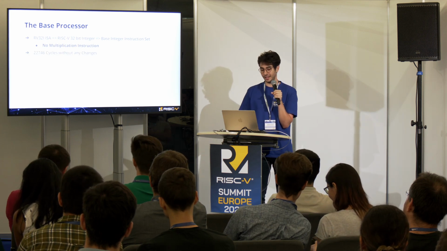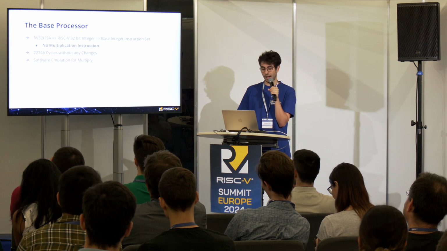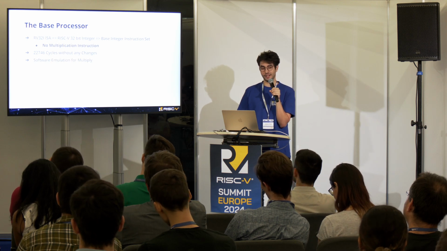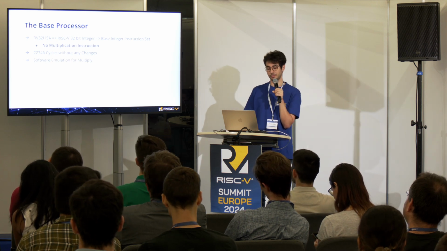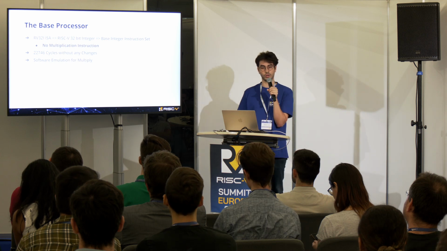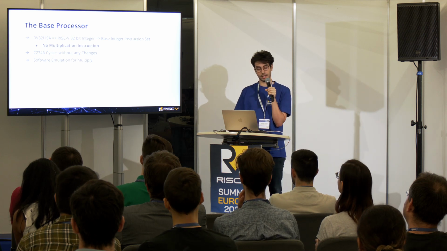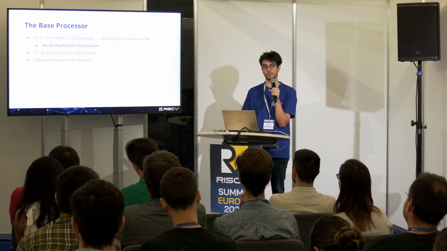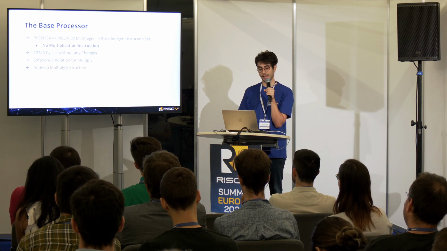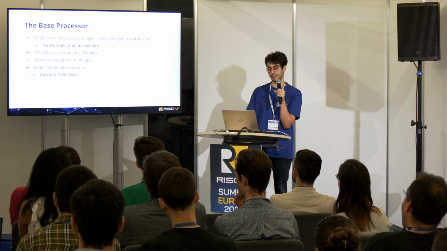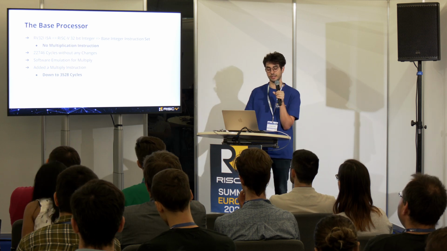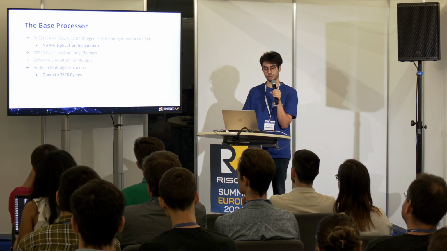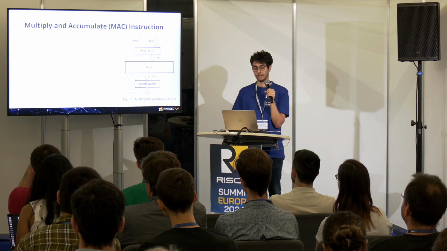So without any extensions, the result was around 20,000 cycles, and the processor used software emulation for multiplying. So when I added a multiply instruction, the cycle count got down to around 3,500 cycles.